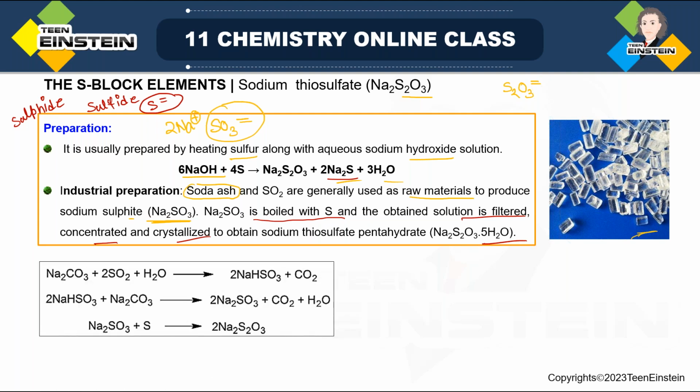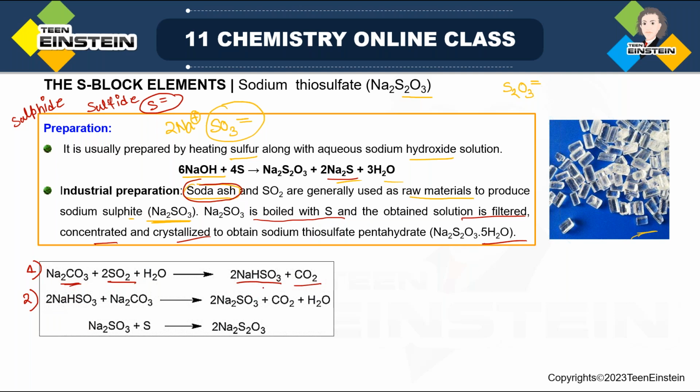Now we will see the equation. In the first step, we are using soda ash with sulfur dioxide and water. We are getting NaHCO3. This is the first step, along with CO2. Now this NaHCO3, in the second step, is again reacting with Na2CO3. Though you can directly write Na2SO3, it is better if we break the equation so that you can understand all the steps, all the molecules that are formed.